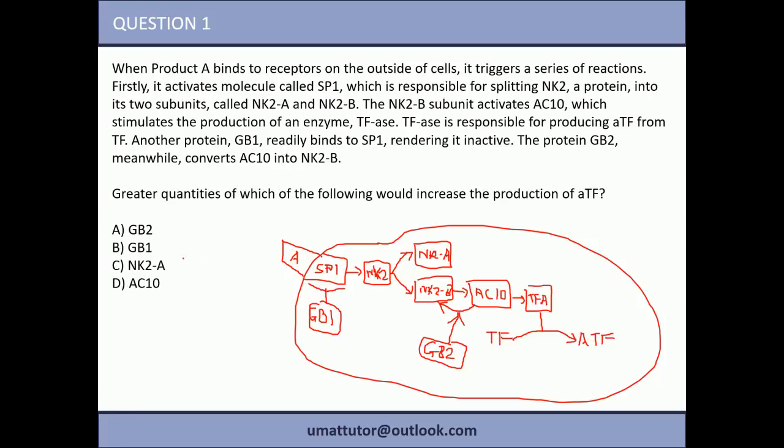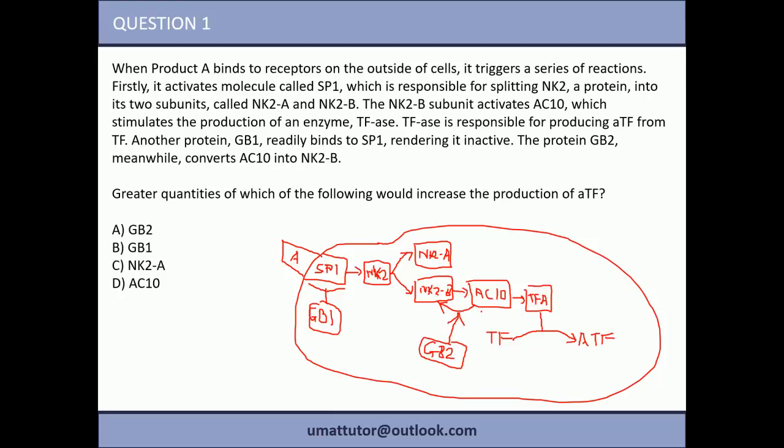So let's have a look one by one and imagine if we increase the quantity of each of these, what would happen. GB2 is this one here, which remember creates an effect where AC10 gets converted back into NK2B. So if we had more GB2, then this whole system would shift more towards the left, backwards away from ATF down here.